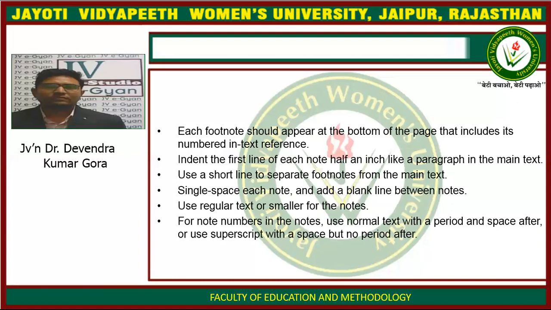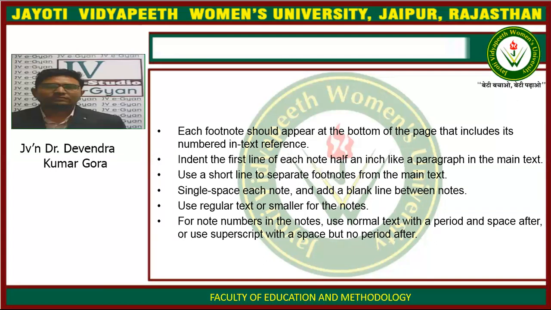Now, every footnote that appears at the bottom of the page includes the number of the in-text reference, and the first line of each note is indented half an inch, like a paragraph in the main text. In the beginning of the paragraph, we use an indent of 0.5.